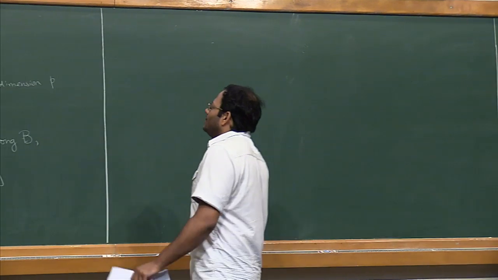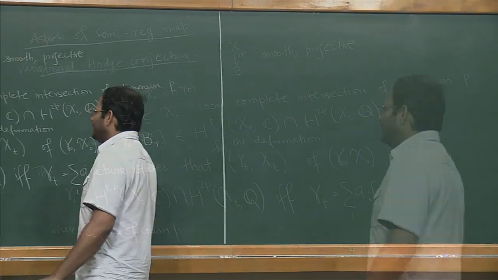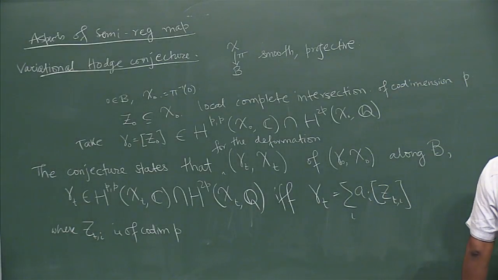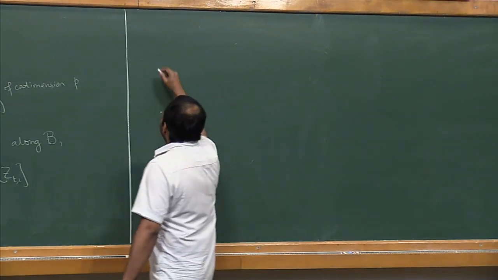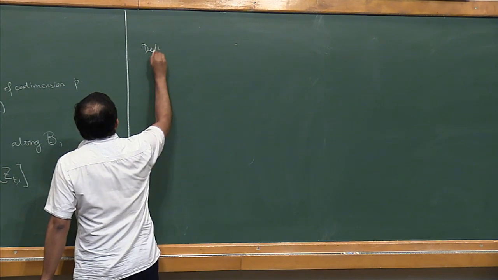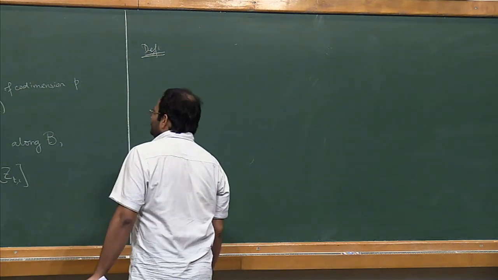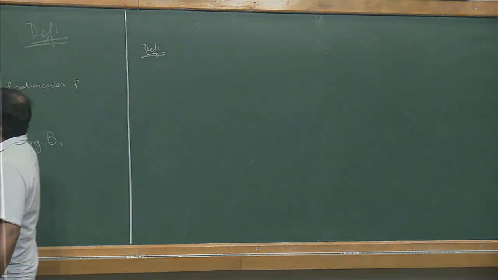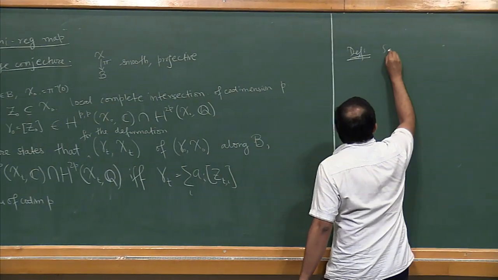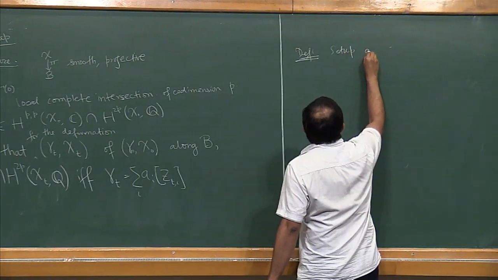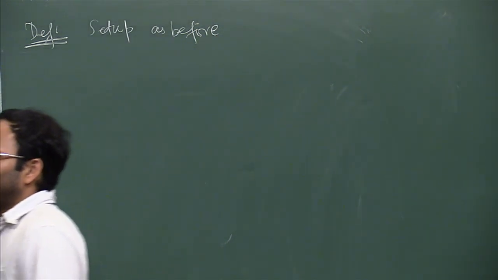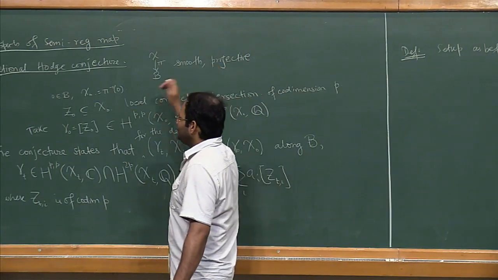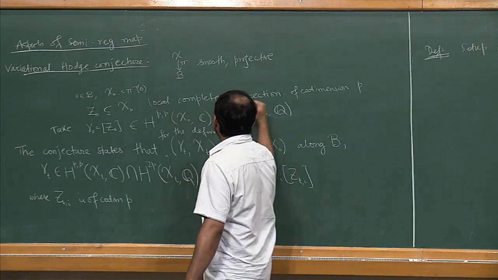Now, let's restrict to the setup, and maybe I write a definition. In this setup, I have a smooth projective variety, I have a point, and I take a local complete intersection.